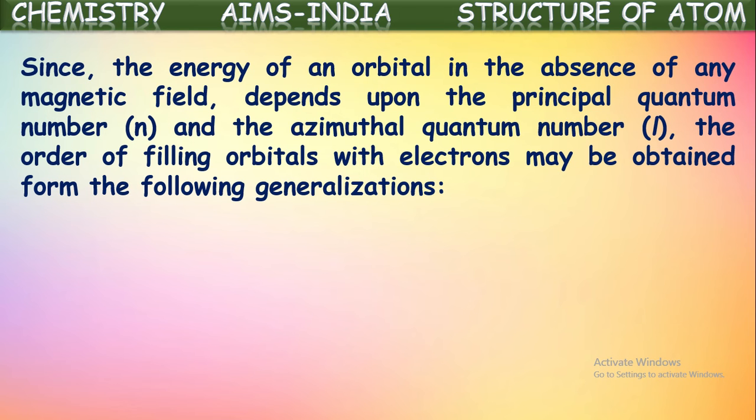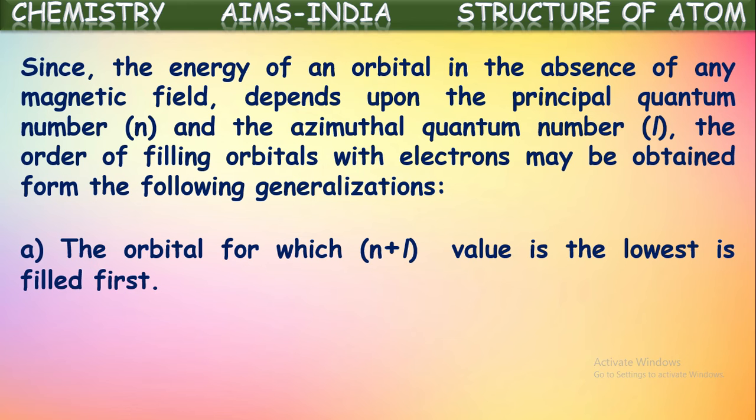After completely filling these, only the higher orbitals will be occupied with the electrons. So to compare the energies of the orbitals, we can take the principal quantum number and azimuthal quantum number into consideration like this. The orbital for which n plus l value is the lowest is filled first. Yes, the orbital with the lower n plus l value will be filled first.